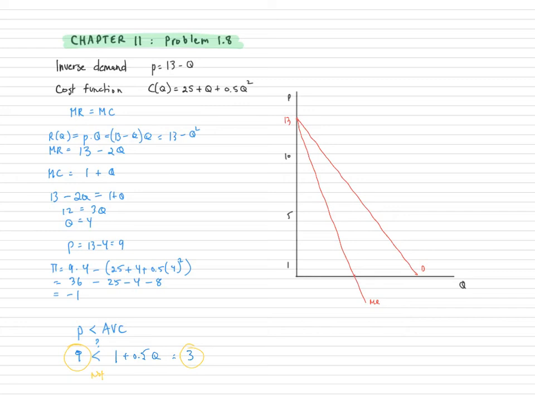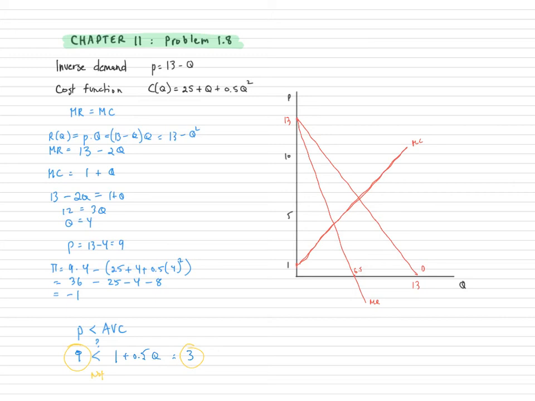You can see that one will go through 6.5 because this one goes through 13. And then we have a marginal cost curve that starts at 1 and has a slope of 1. Let me draw this one. Oops, not very straight, but here's the marginal cost curve. It's going to look something like this.